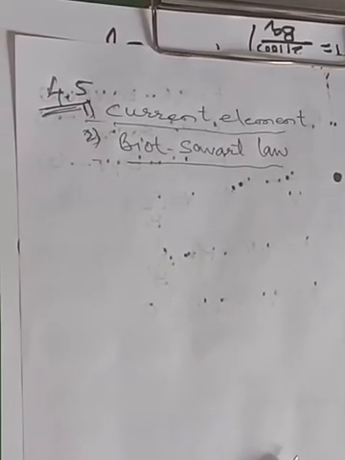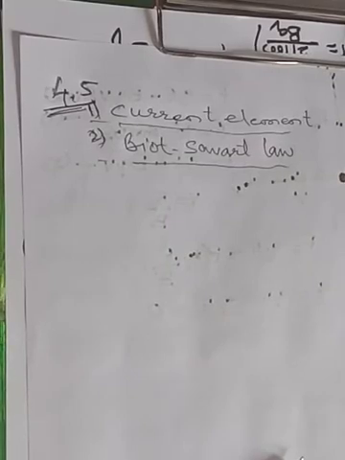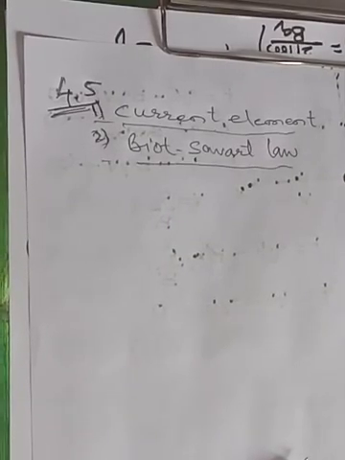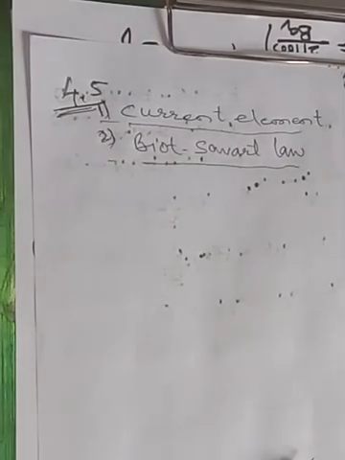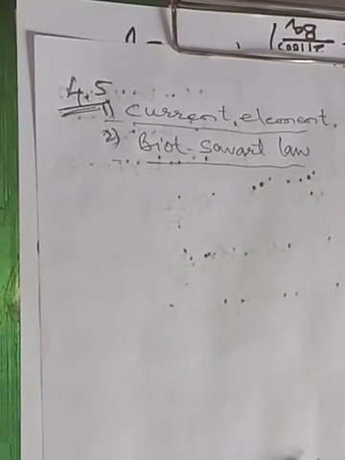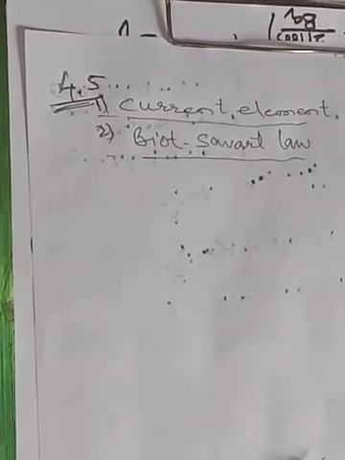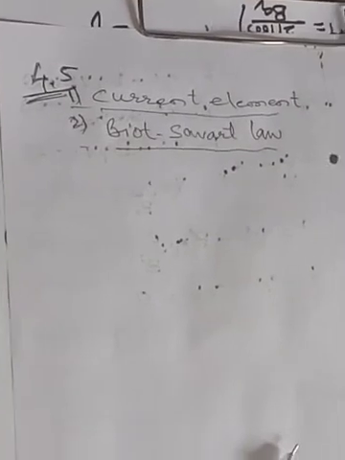It will not have any type of force, and because of that the charged particle moves in a straight line. And this concept, velocity of charged particle v is equal to E by B, is used in the velocity selector.